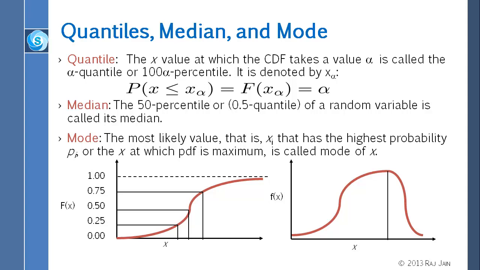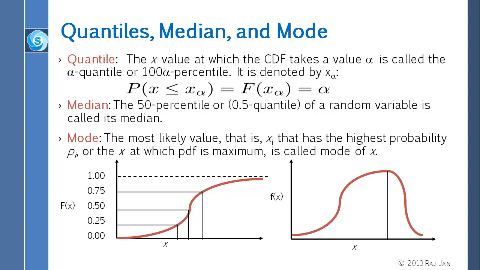When we say 0.95 quantile, we mean 95th percentile. Percentile is measured between 0 and 100. So when we say the alpha quantile, we mean 100 times alpha percentile. Alpha is generally 0.9 or 0.95, so we talk about 90th percentile or 95th percentile.